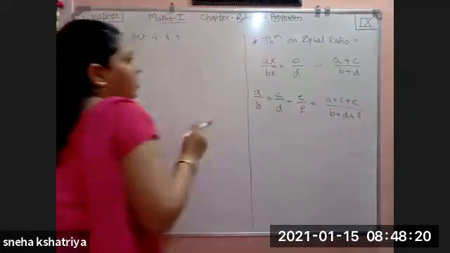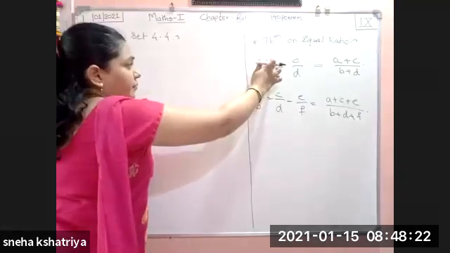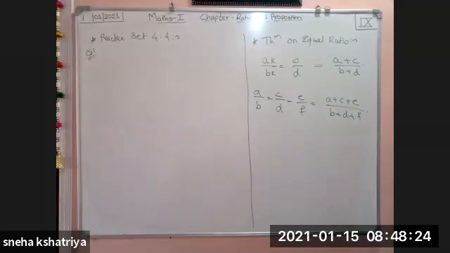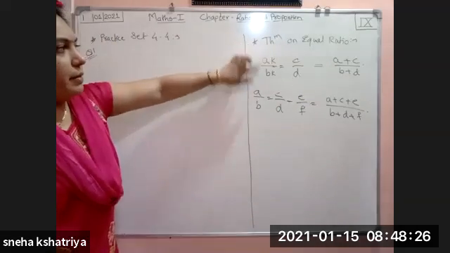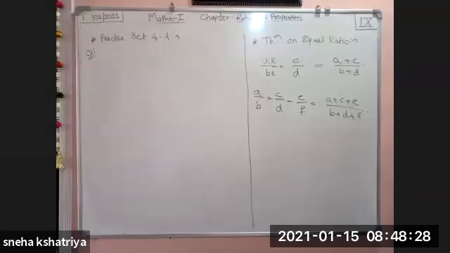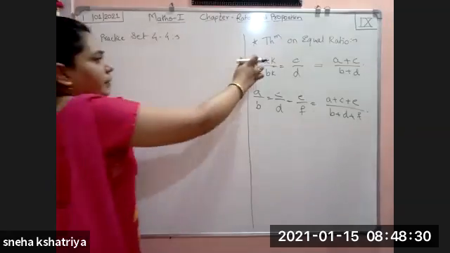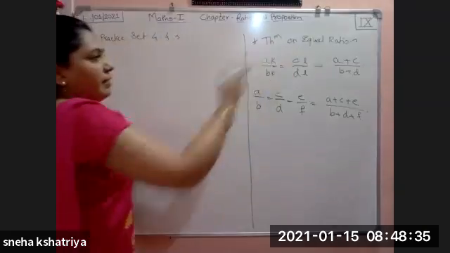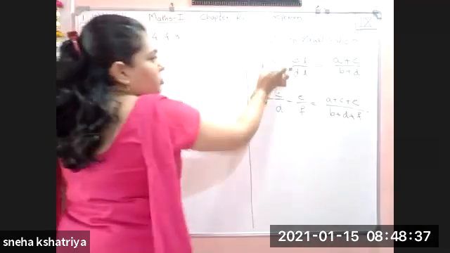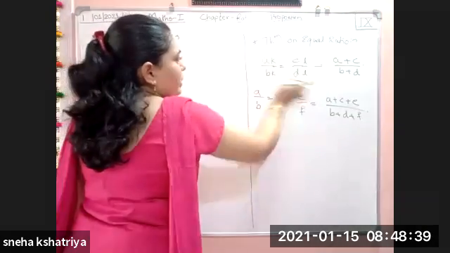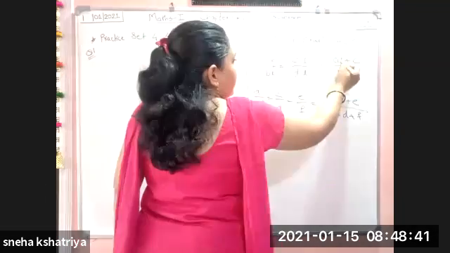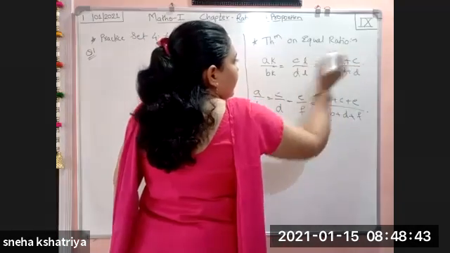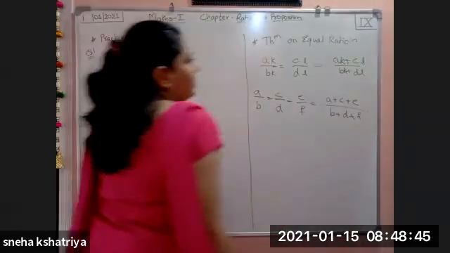If we are multiplying any number to the ratio, then it multiplies to both numerator and denominator. So here, if I multiply by k, k, and here I multiply by l and l, then the same thing will happen there also. If these two ratios are equal, then here it will change like AK, BK, CL and DL.